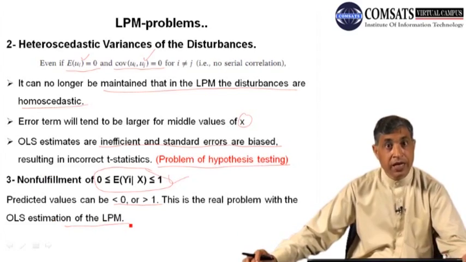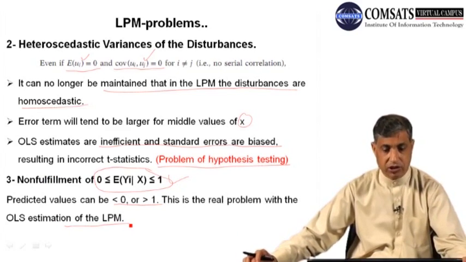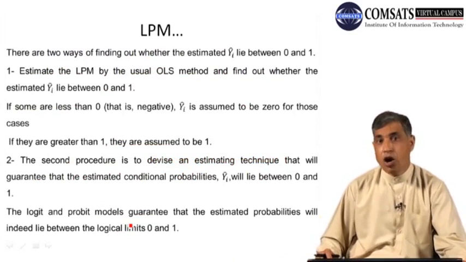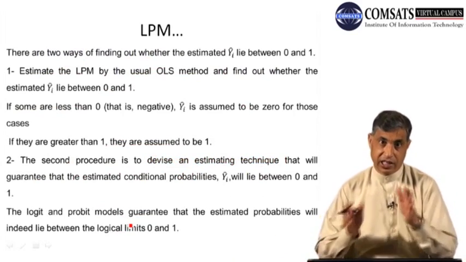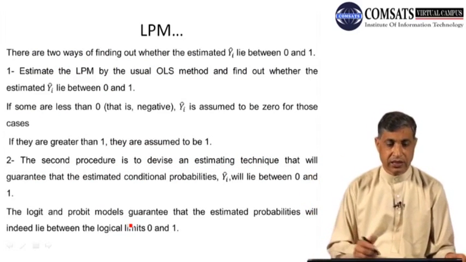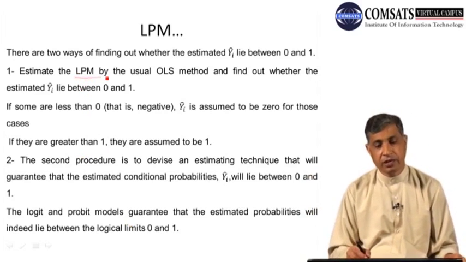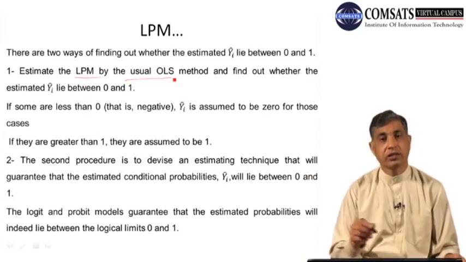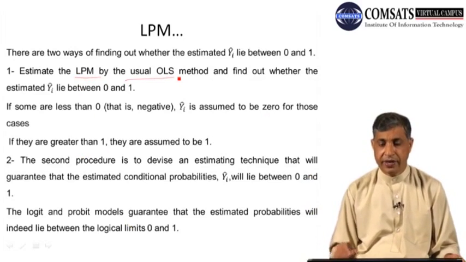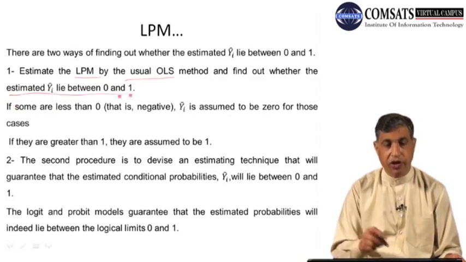This is the third problem, the non-fulfillment of the range we have said, 0 and 1. How do we come to know that the OLS estimator has crossed the limit of 0 and 1? Simply estimate the LPM, the linear probability model, by usual OLS, and find out whether the estimated y lies between 0 and 1.